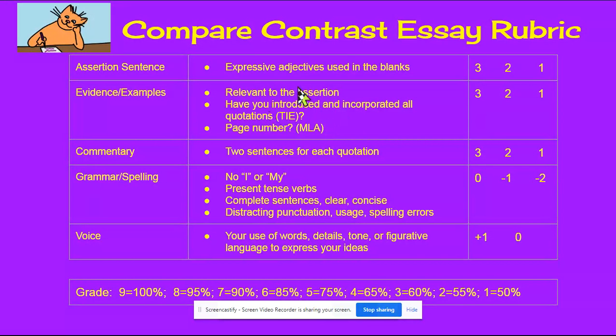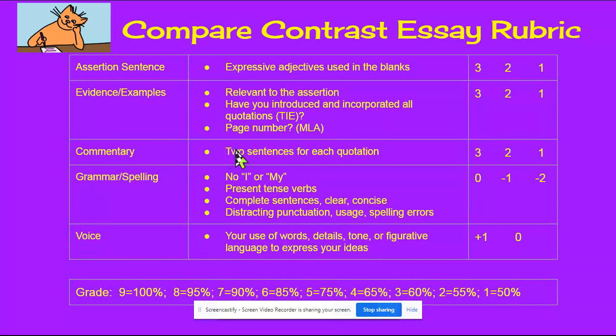Okay, so if you do all that, you'll get a 3. If you miss a couple of them, then I'm going to give you a 2 instead of a 3. But if you totally miss this part, then you'll get a 1. Okay? And if it's not done at all, then you wouldn't get a score at all. But if you make any kind of attempt, you would earn a 1.